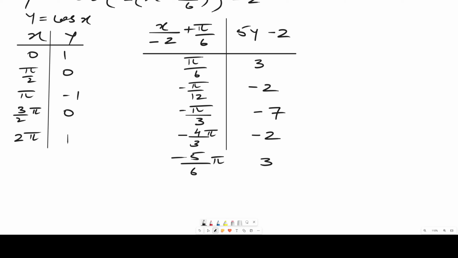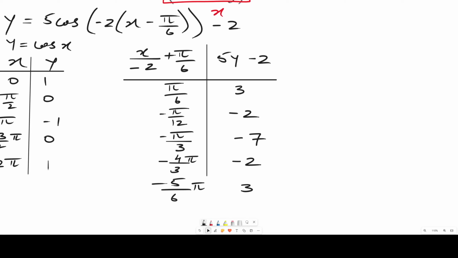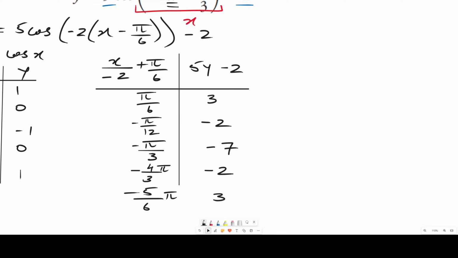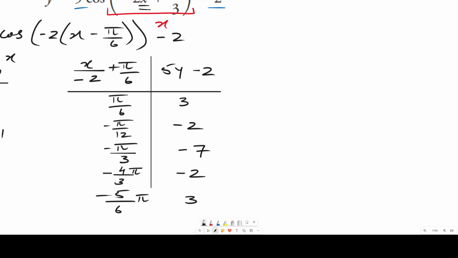Okay, so once we have our values, we're pretty much done. All we have to do is graph it, and I'll tell you what the period is and what the amplitude and everything is. So first of all, to graph it, I'm just going to quickly graph.